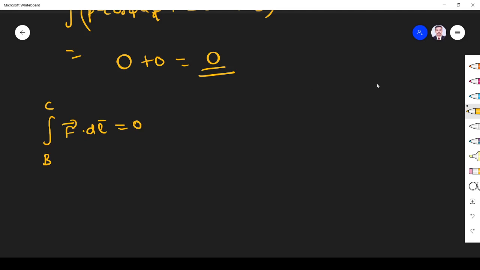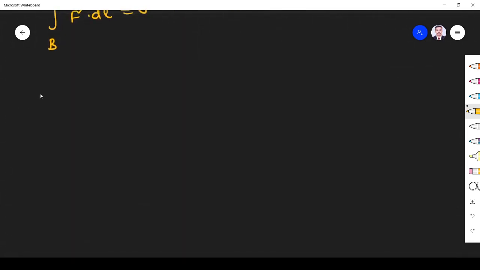Okay, next we go to c to a. From c to a, what happens? Again we know how the diagram was. Hope you remember, it was like this only. This is c, this is a. Here rho is 3, here rho is 0, so rho varies from 3 to 0.